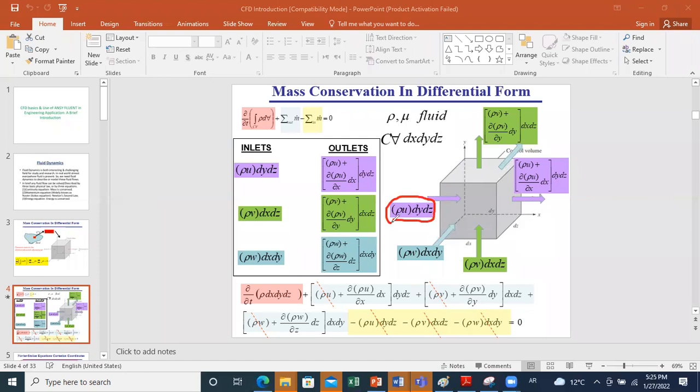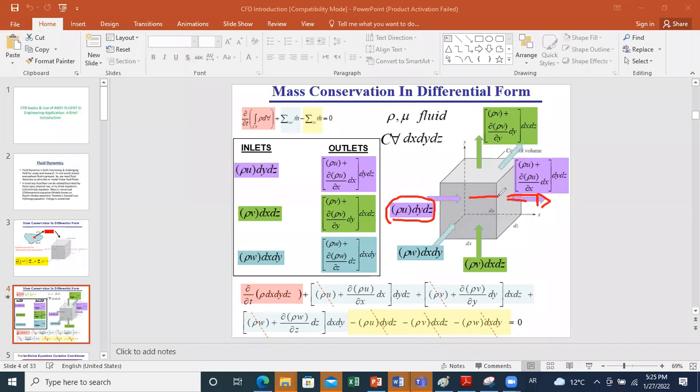Now, this flow will cross the control volume and will get out at this stage here. How to relate the mass flow rate at the inlet and the mass flow rate at the outlet along the x direction?